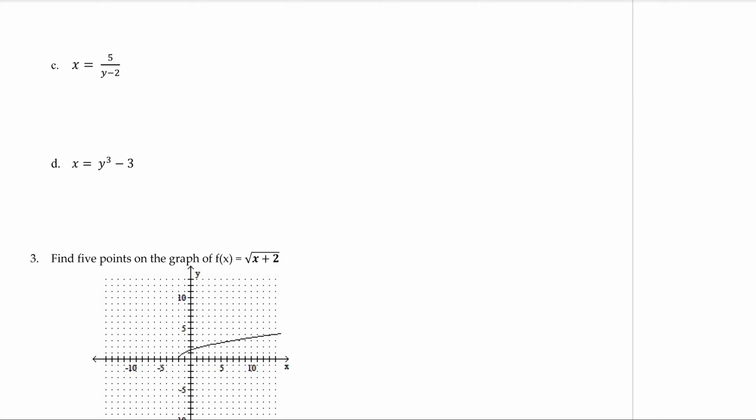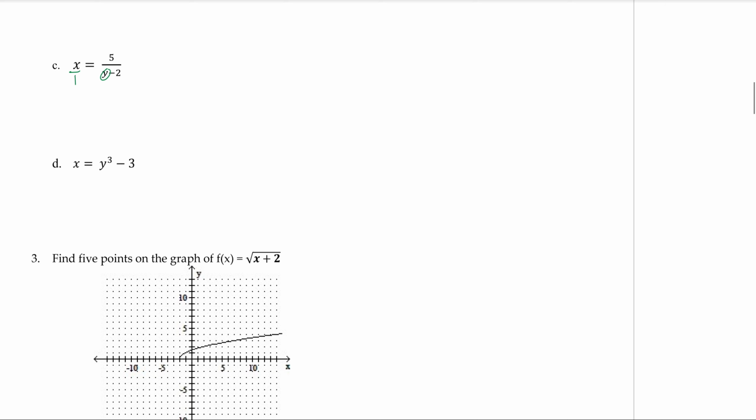When solving fractions, if you notice that what you're solving for is in the denominator, this is the only time that this applies, when your y is in the denominator, all you're going to do is put the other side over 1 to make it into a fraction, and you're going to flip both sides.